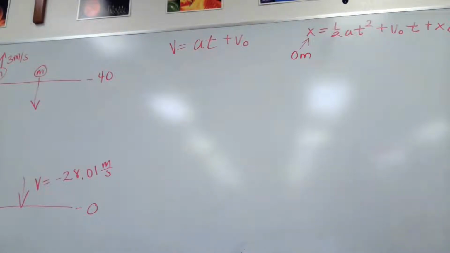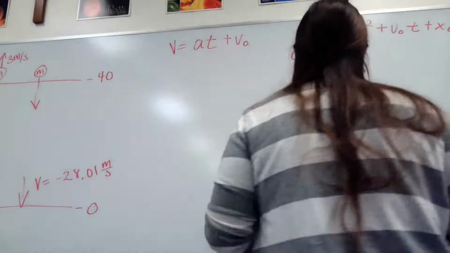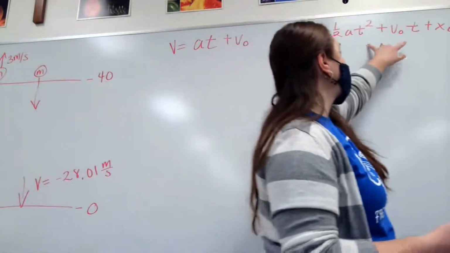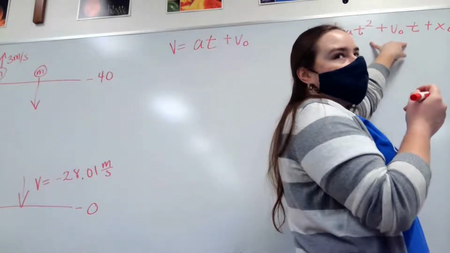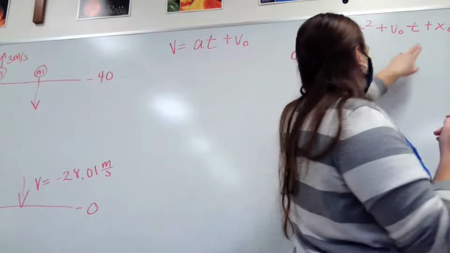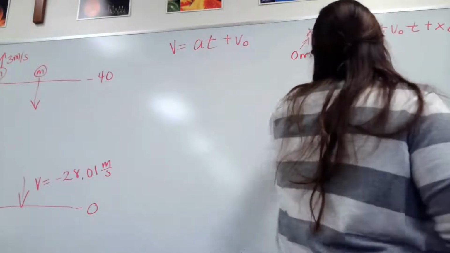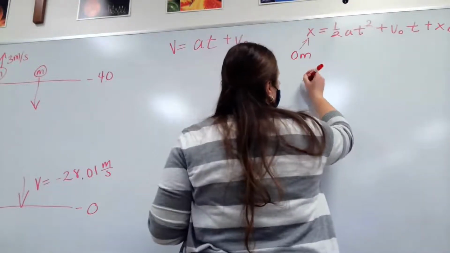Let me pull this up so I can do this faster. All righty. So we want to solve for t, right? So let's at least get it so that this is over here.